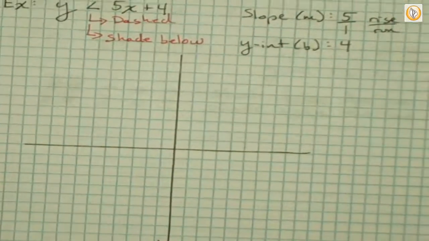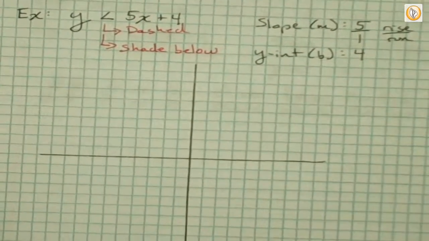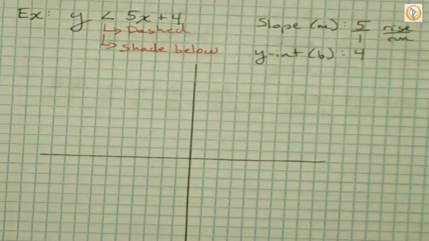Okay, let's see. Cecilia, what is the first thing I plot on my graph? 5 over 1. Like 4. Which is it? Are you sure? Joanne, what's the first thing I plot on my graph? 4. Are you sure? You said 2 different things. Michaela, what's the first thing I plot on my graph?